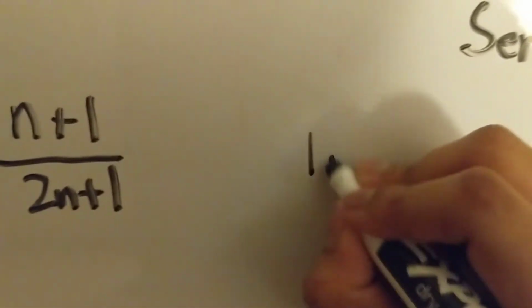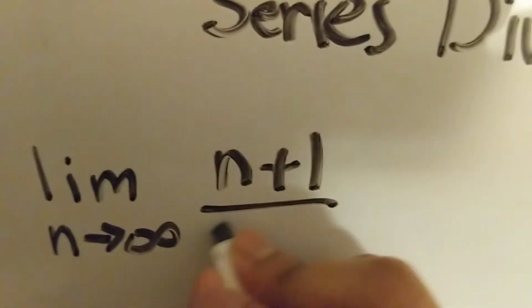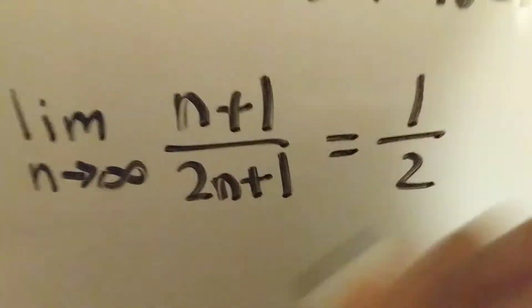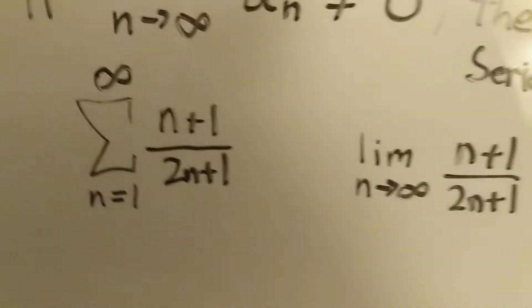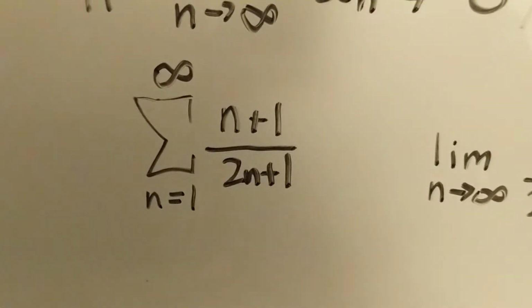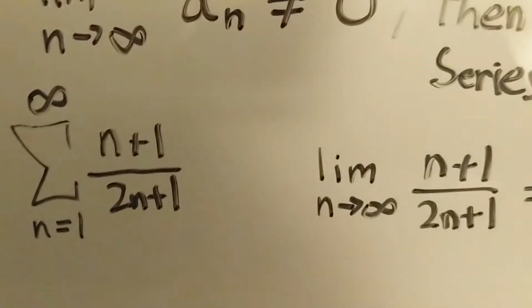Some of you already may know the answer. We're going to find the limit of this, and some of you can calculate it pretty quickly. It's going to be 1/2, and that means it is not equal to 0. That means this series will diverge according to the divergence test. That's how you'd write it.